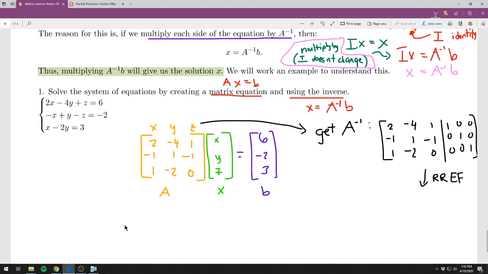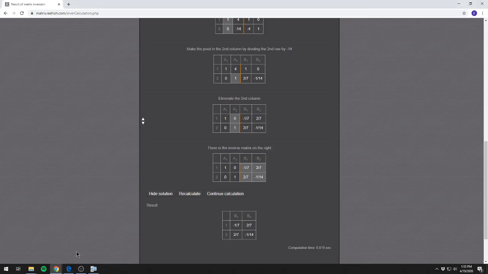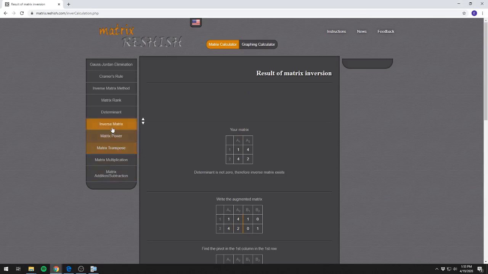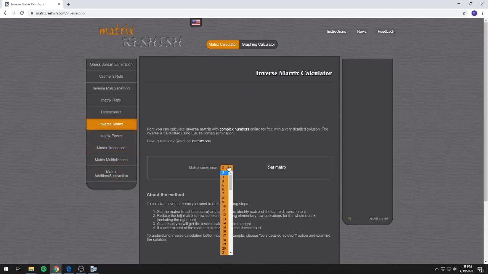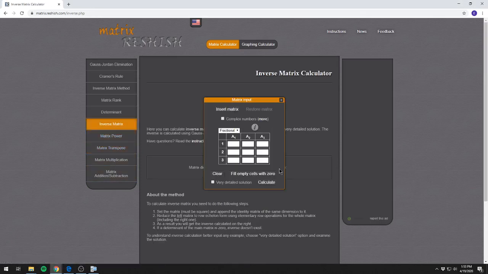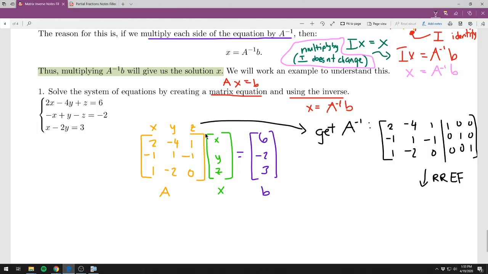All right, I'm going to do this on the website this time. I did the other 3x3 inverse on the calculator. So we go to inverse matrix. Our matrix size is 3x3, the one we want to find the inverse of. And the matrix we're finding the inverse of is 2, -4, 1.